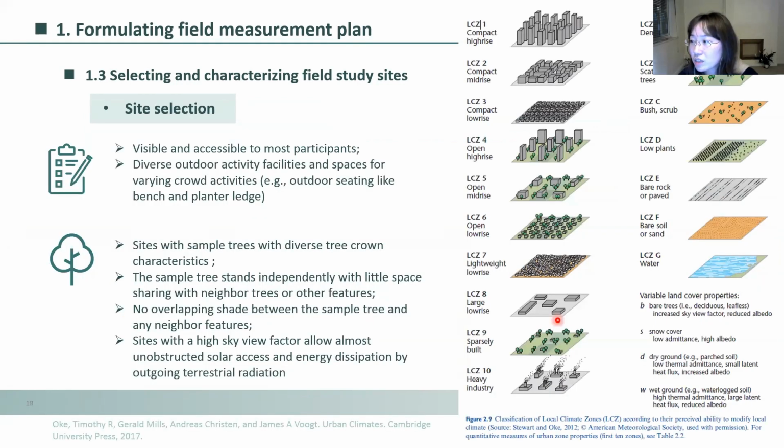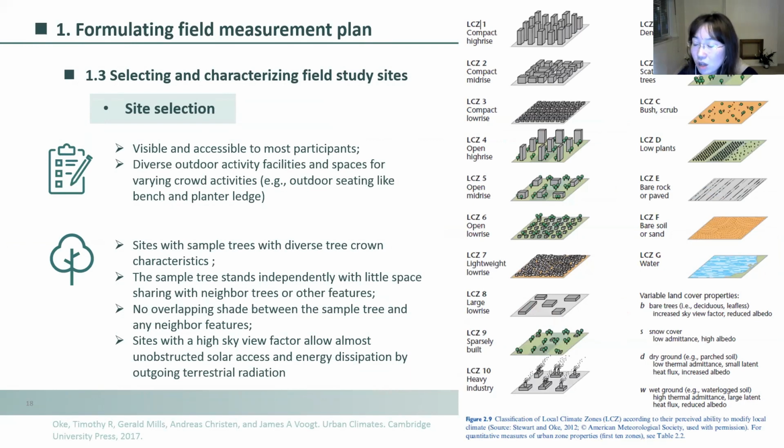And when we select the measurement site, the control variable method is the most common way to investigate the thermal effect of urban elements. So usually researchers would like to use the LCZ classification to help them select a specific urban form. And for some specific studies, additional criteria need to be considered.